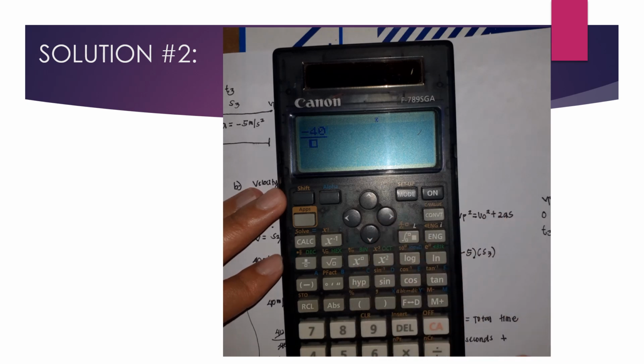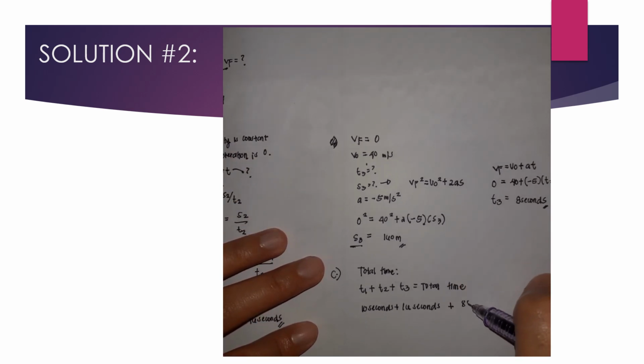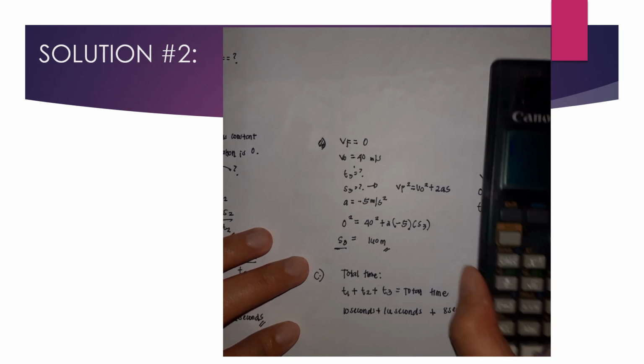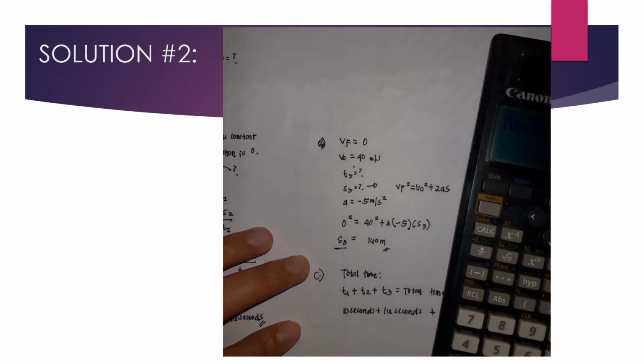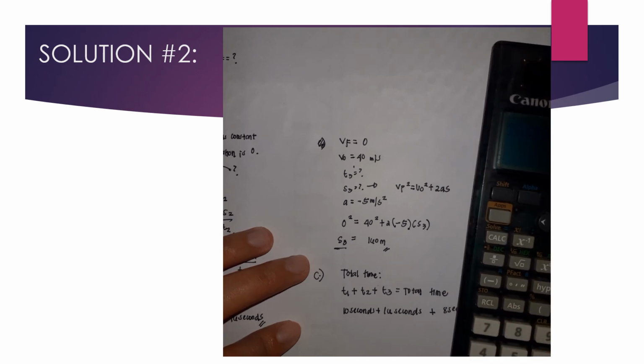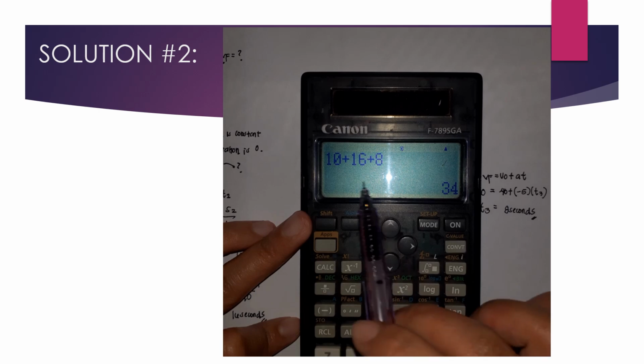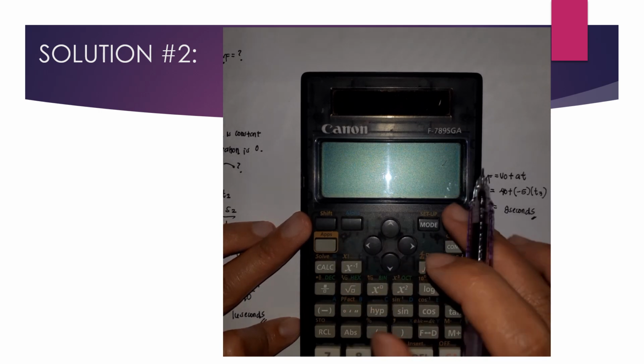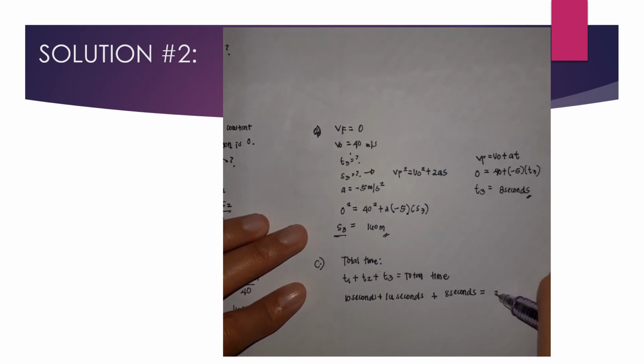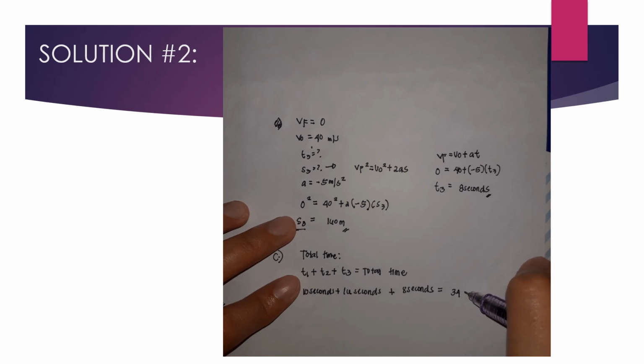So our T3 is 8 seconds. I'm sorry. So 10 plus 16 plus 8, our total time is 34 seconds.